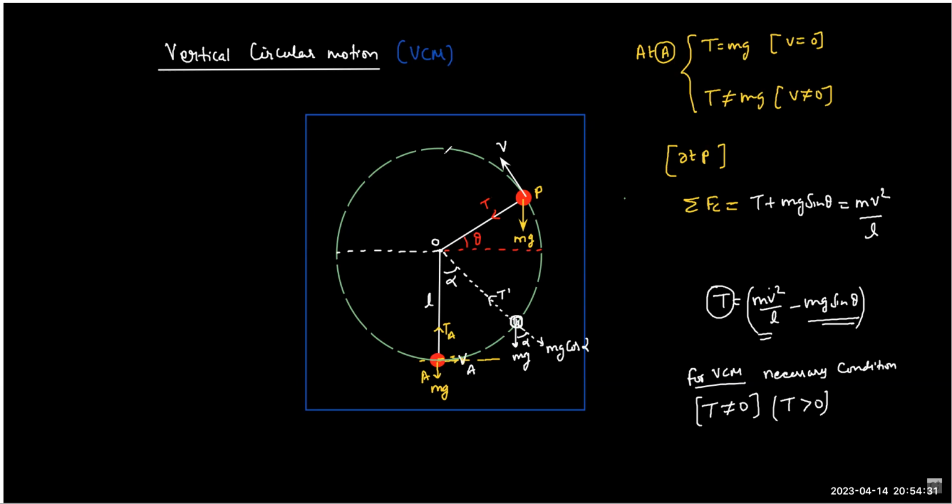So we should be worrying in which quadrant? The upper two. Does it make sense to you guys? So where should we be worried the maximum? Where the chance of tension being zero is maximum.